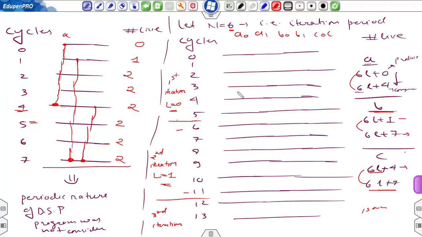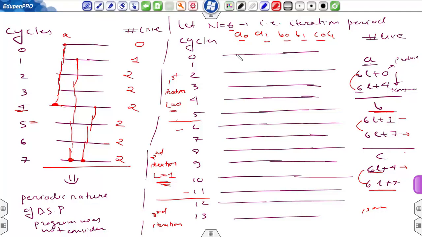So A0, B0 and C0 are produced in first iteration, and A1, B1, C1 are produced in second iteration, that is L equal to 1. So in this we have considered 6 variables: A0, B0, C0 for iteration 1 and A1, B1, C1 for iteration 2.